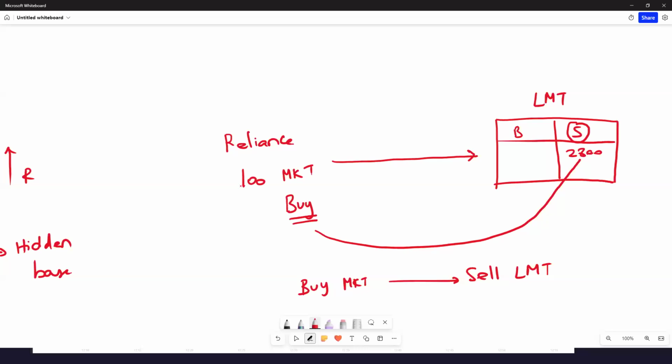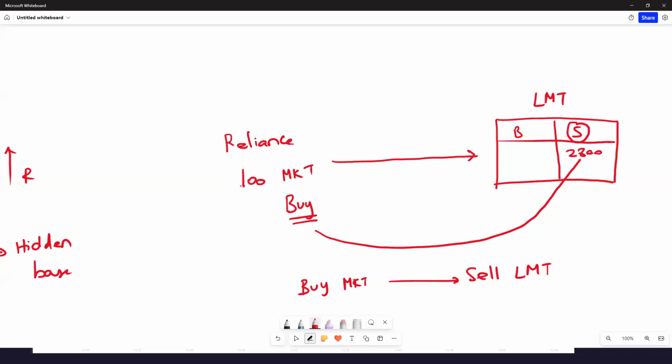A market order always interacts with a limit order. A buy market order always interacts with a sell limit order. Likewise, a sell market order always interacts with a buy limit order. So the exchange acts like a matchmaker between the market order and the limit order. It is like a marriage between a market order and a limit order.